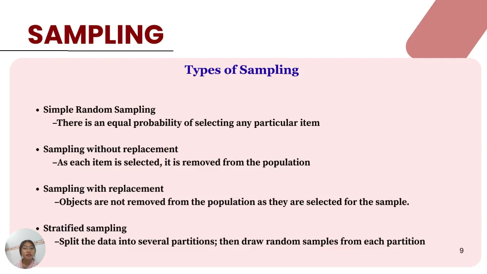Next, sampling with replacement: objects are not removed from the population as they are selected for the sample, which means the same object can be picked more than once. Last, stratified sampling, which splits the data into several partitions, then draws random samples from each partition. It ensures representation from each subgroup of the population.